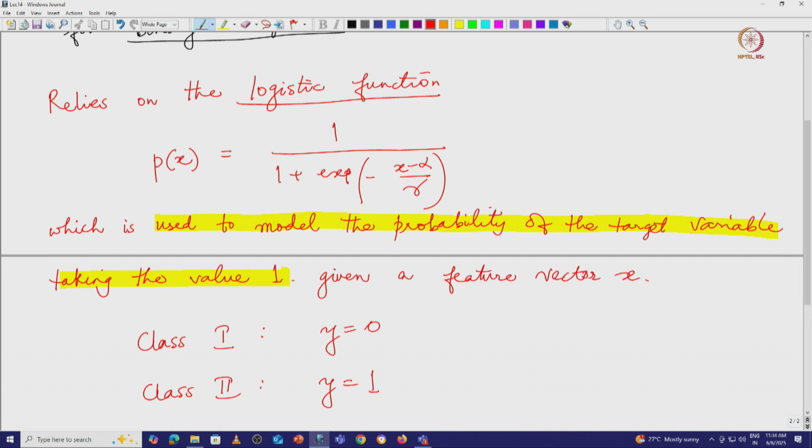So, really instead of p of x we should write that we are trying to model the probability of y equal to 1 given that the feature is x. This is what we really want to accomplish using the logistic function. So, the logistic function is a way to model this probability.